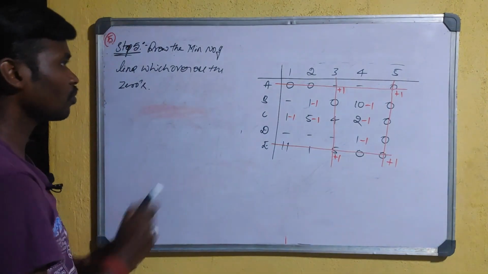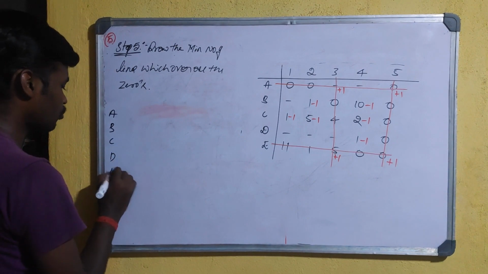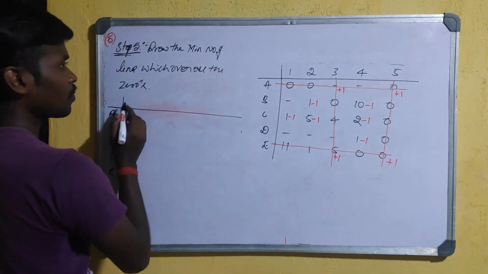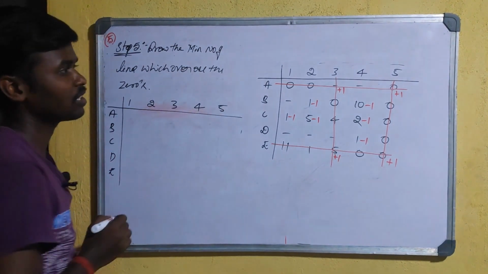See, how many swimmers are there? 5 swimmers are there. How many styles are there? 5 different styles are there.